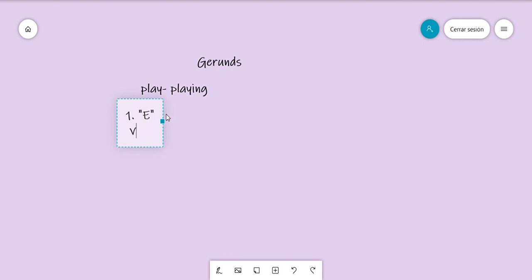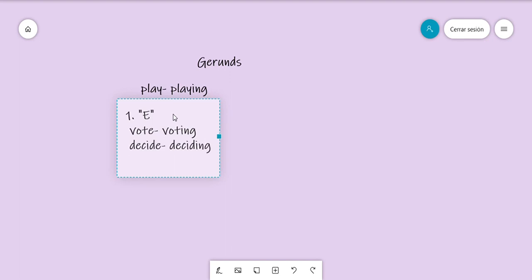For example, imagine that you have the word vote. If you want to write it with ing, you have to write voting. So you erase the letter E and you add ing. Another example, decide. You erase the letter E and write ing. Deciding.